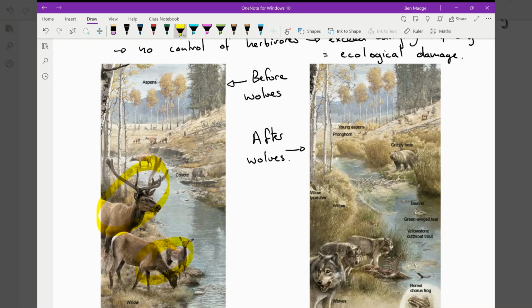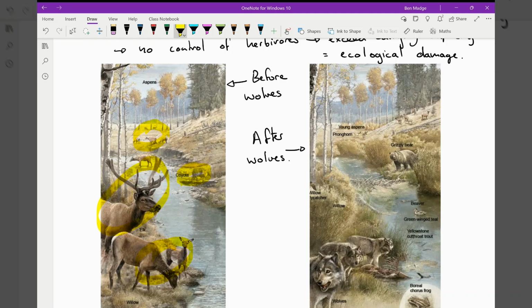These congregate in the low areas of the Yellowstone National Park. They overgraze. There's no recruitment to the forests. You have nothing predating coyotes, so these increase in numbers. The rivers become very silty because there's a lot of erosion.